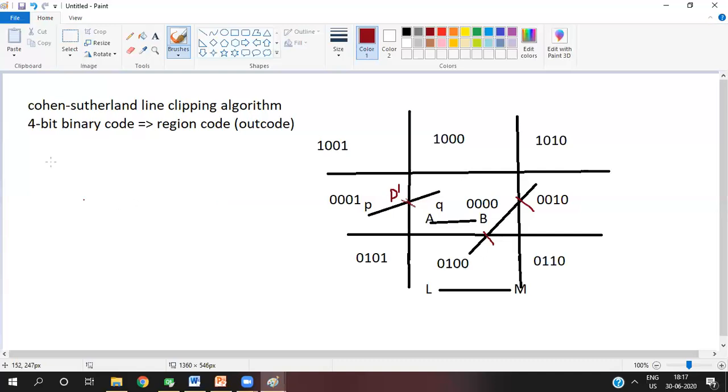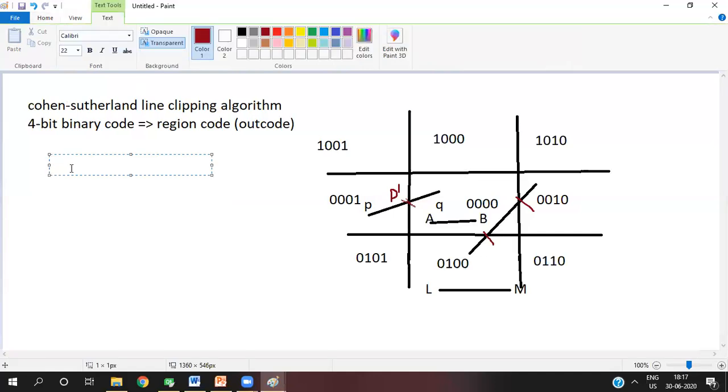Any point lying on the line satisfies the equation of a line. All of you are well aware of it. So what is the equation of a line? y = mx + c is the equation of a line.